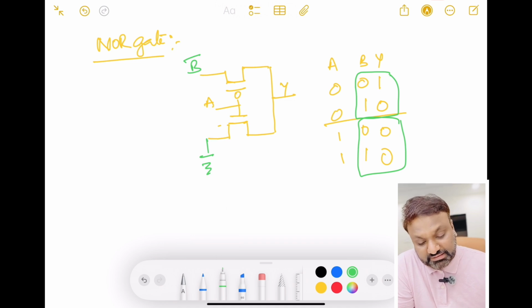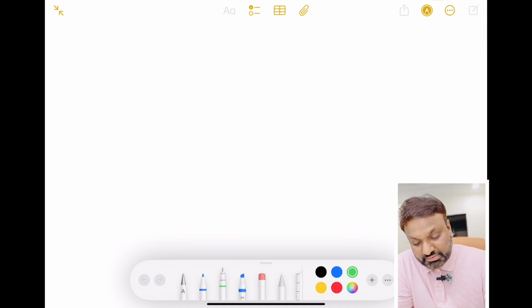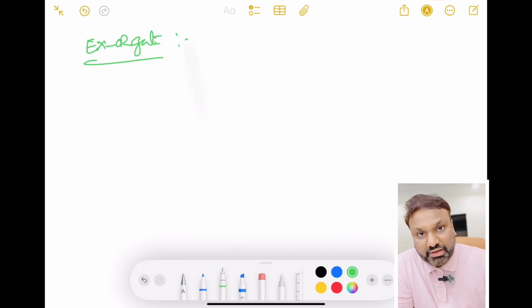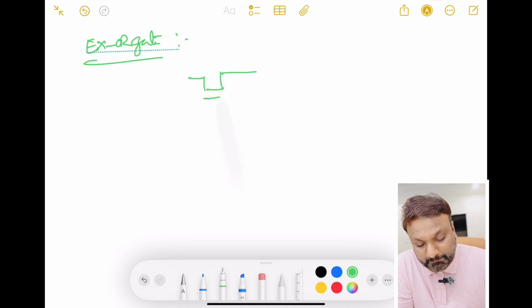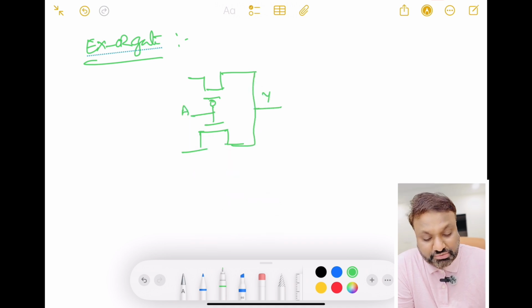Next, we will talk about the exclusive OR gate. Again, I am having the same structure. This is Y, this is A. What is my truth table? A, B, Y: 0, 0, 0; 0, 1, 1; 1, 0, 1; 1, 1, 0.